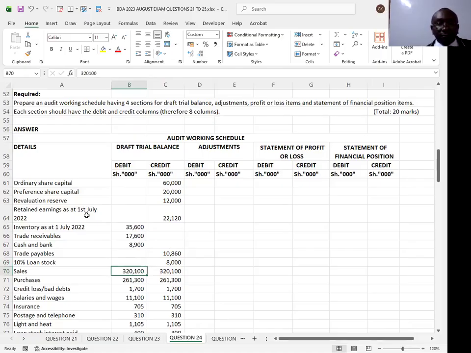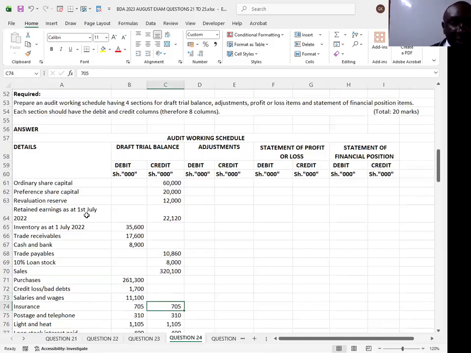Sales, credit. Purchases, that's debit. Credit loss, or bad debts. That is an expense, debit. Salaries and wages. Yeah, we debit also.